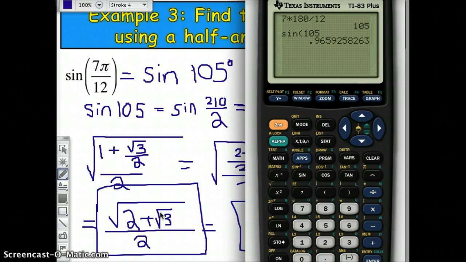And then I want to type in my new answer, which is root 2 plus root 3, double parentheses here so that the calculator knows to take the square root of that entire numerator, over 2. And I see that I get my same decimal value, so I know my answer is correct.